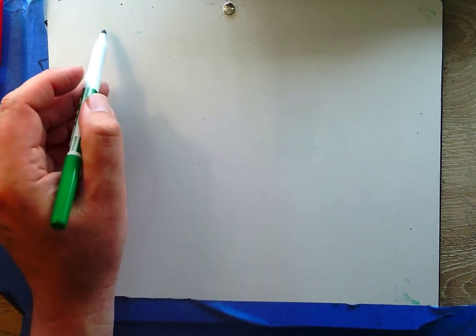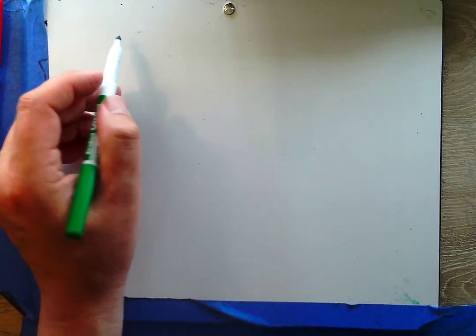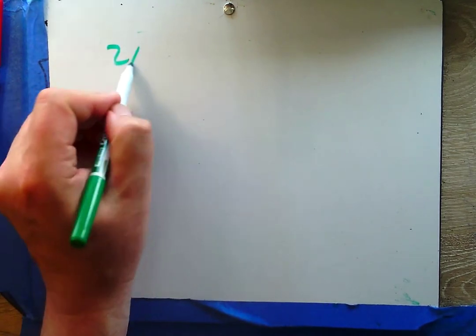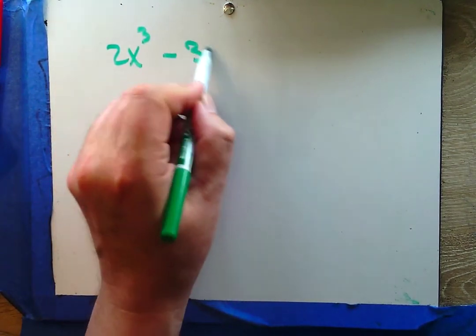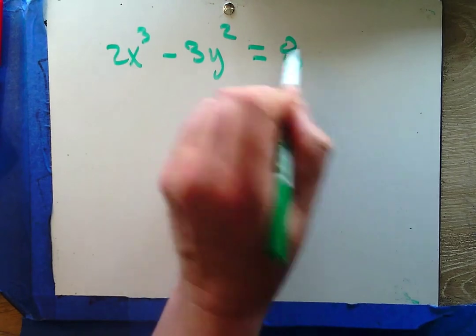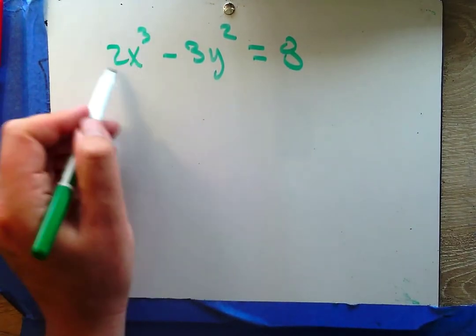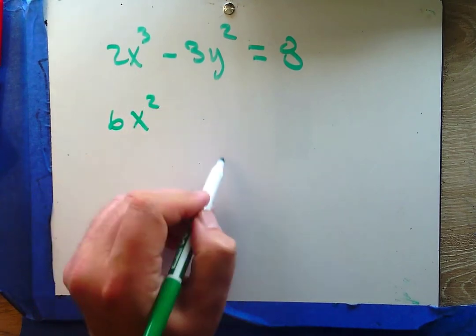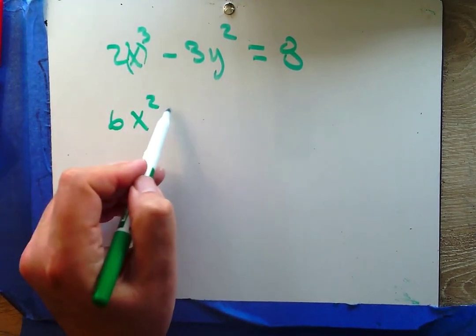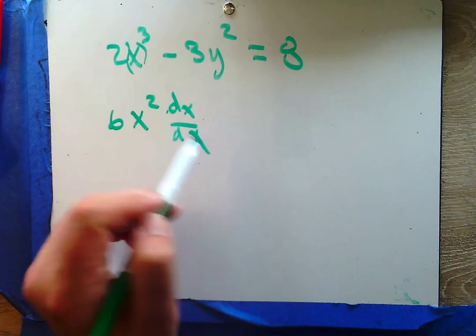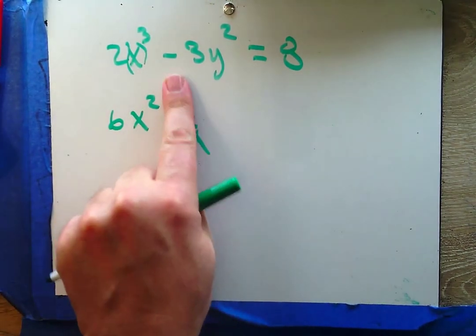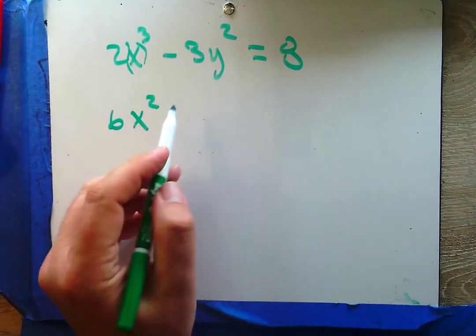Ooh, this one says find the second derivative implicitly. So 2x to the third minus 3y squared equals 8. So first derivative of this is going to be 6x squared. And then I take the derivative of the inside with respect to x, and that's dx dx, which is just 1, so we never bother to write them.